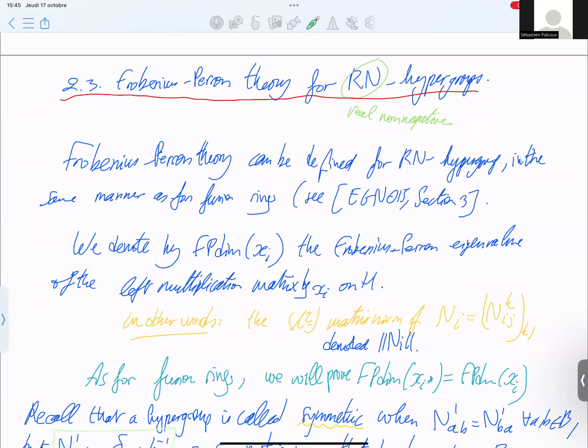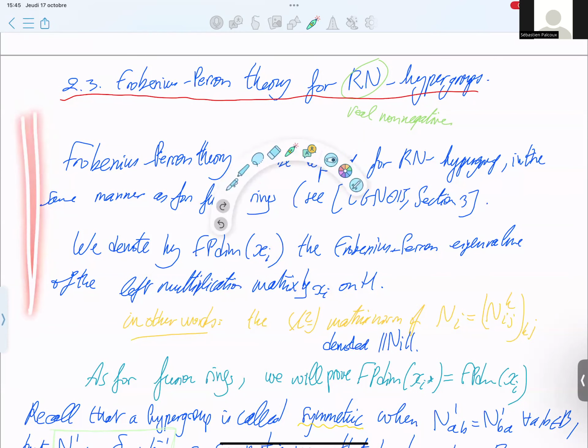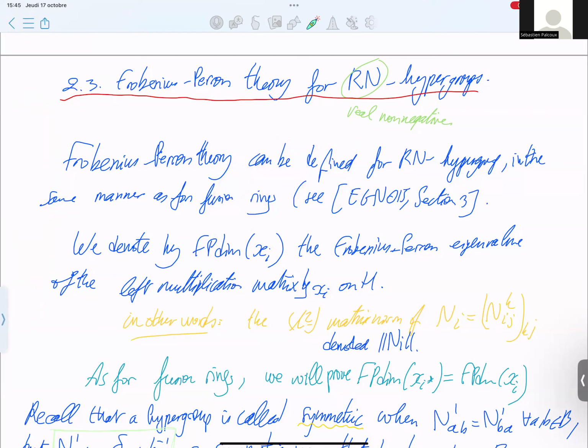This section is interesting in the sense that the Frobenius-Perron theorem we use in fusion ring theory does not completely use the full theorem, because the Frobenius-Perron theorem involves matrices with positive entries. But in a fusion ring, the fusion matrices have positive integer entries. So in fact, from the Frobenius-Perron theorem, you can prove more than what you get in fusion rings.